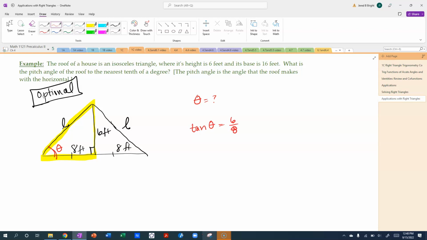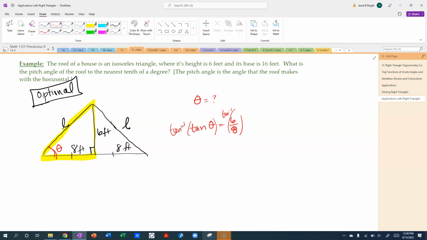And then I would normally be stuck, right? Like our knowledge doesn't allow us to undo trig functions right now. But again, if you have seen inverse trig functions in the past or know about inverse trigonometric functions, you can say that you can find theta by applying the inverse function, inverse tangent, arctangent, to either side.